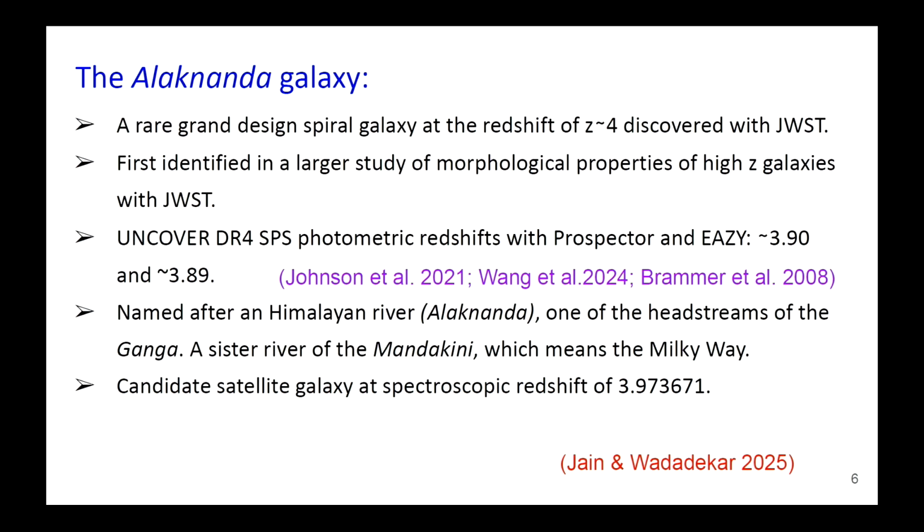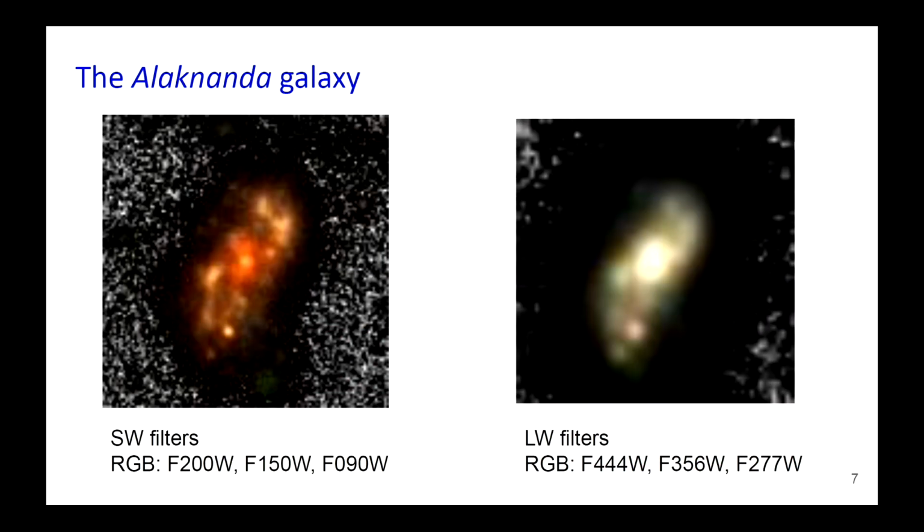There is also a candidate satellite galaxy here. Our photometric redshift is around 3.98, and the spectroscopic redshift is available for the candidate satellite galaxy, and that is 3.97, which is in agreement with our photometric redshift.